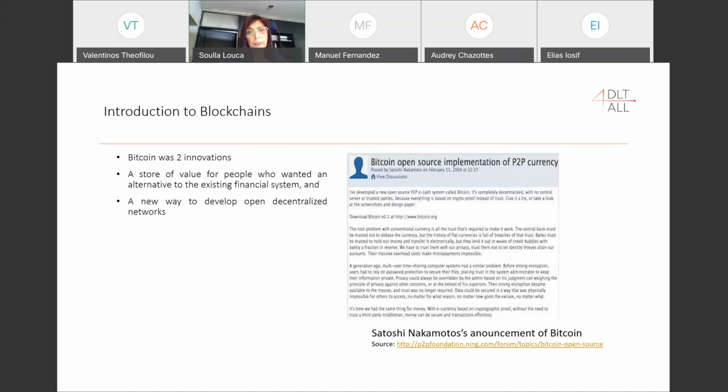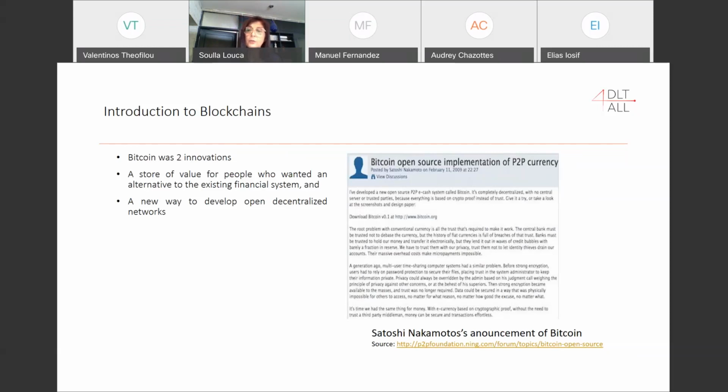So Bitcoin was actually two innovations. The first innovation was the fact that it is a store of value for people who wanted an alternative to the existing financial system that we are even using today.